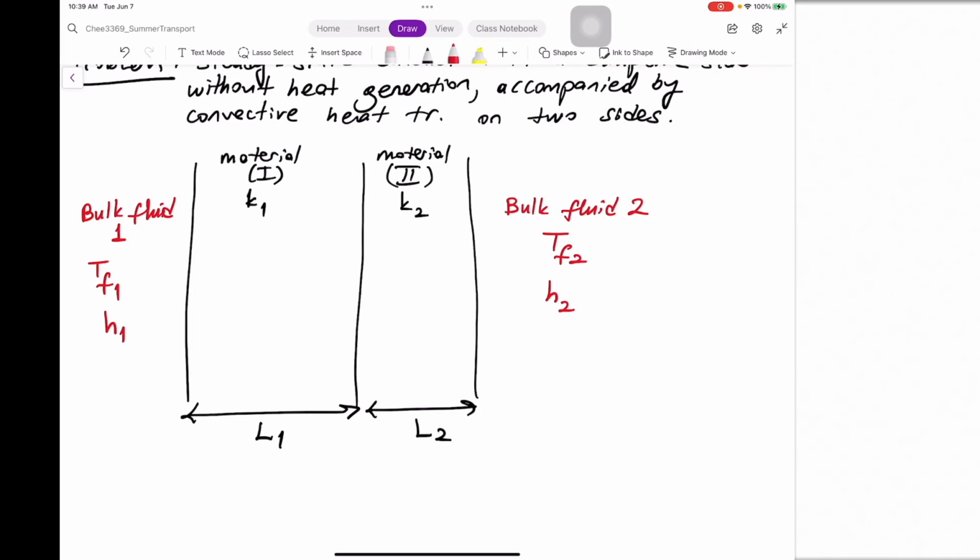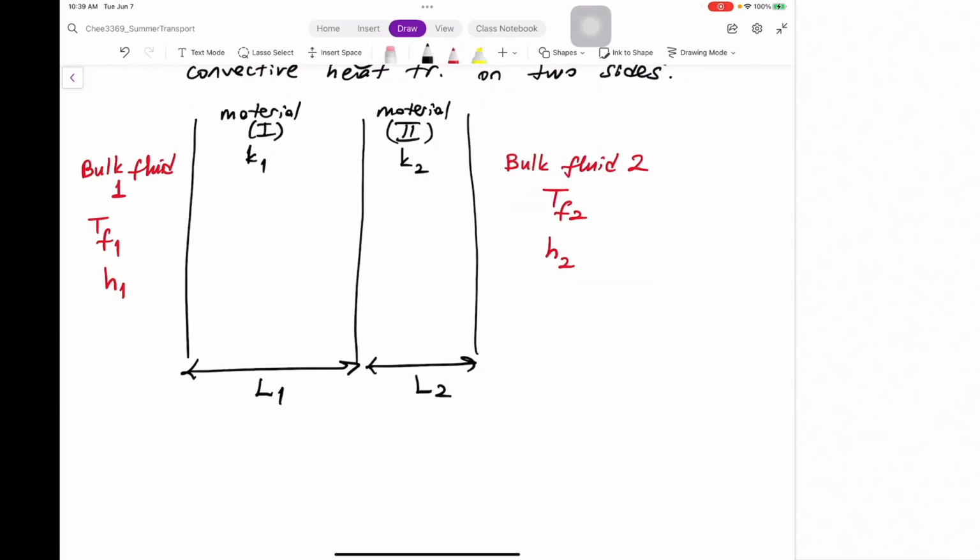So this is a very similar system as in the heat exchanger case. Let's define our coordinates. Let's call this plus x direction. Let this be x equal to 0. Let this be x equal to L1, as you see, and let this be x equal to L1 plus L2, right? Okay, so that's the description of our system.